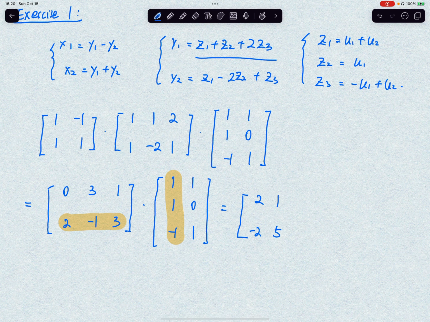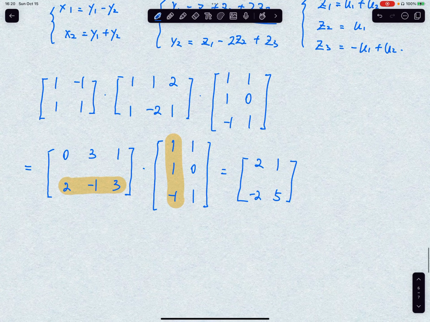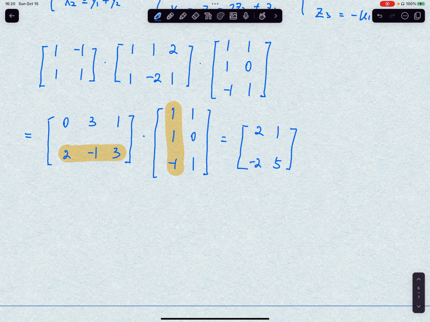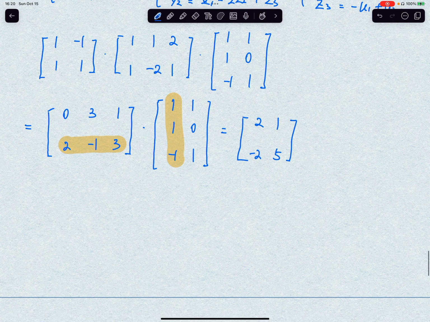And lastly, we have 5. So therefore, starting with the expression for x1 and ending up with the corresponding coefficients for u1 and u2, we have that x1 equals 2u1 plus u2 and x2 equals minus 2u1 plus 5u2.